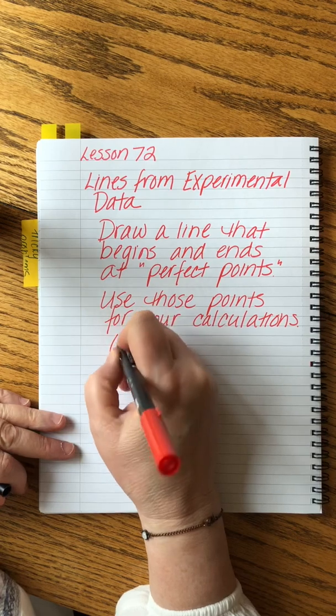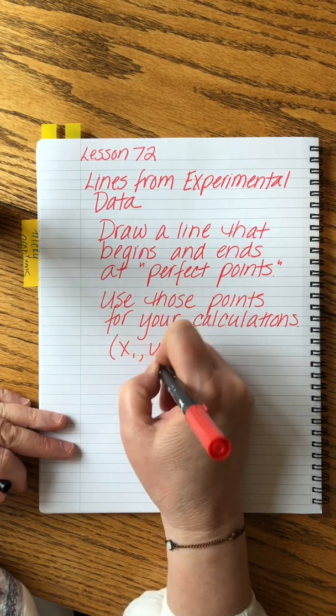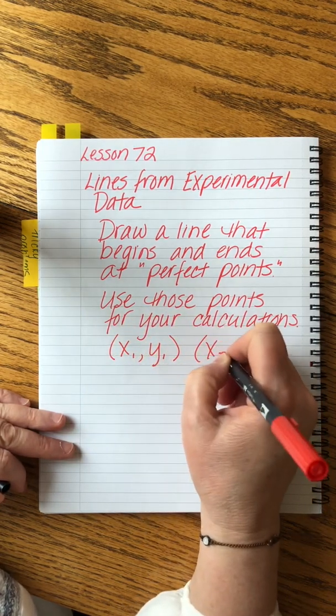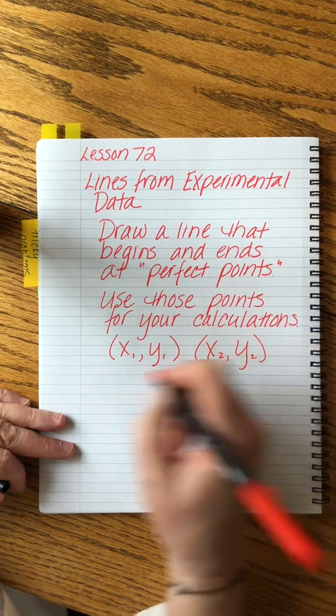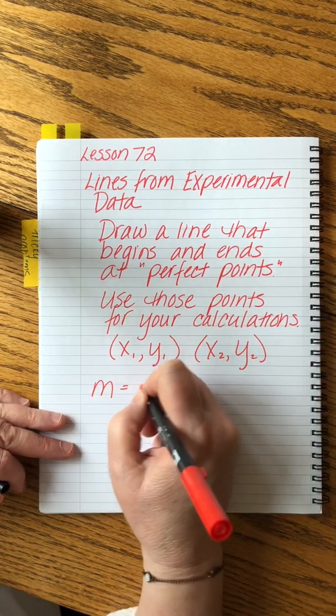So the two points you choose will be x1, y1, and x2, y2. Then you'll use those for the calculations, just like we have.